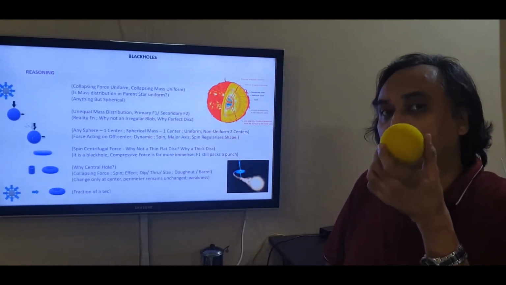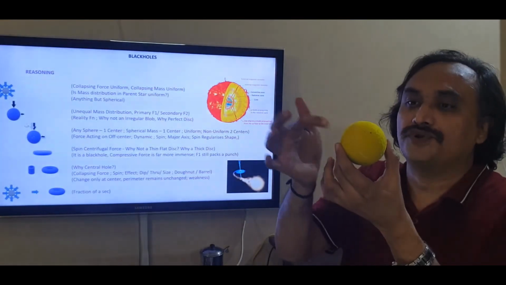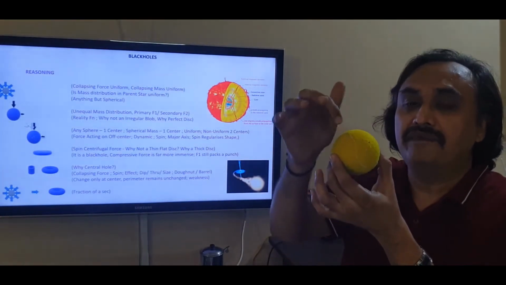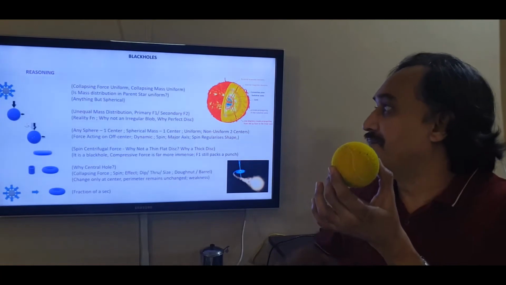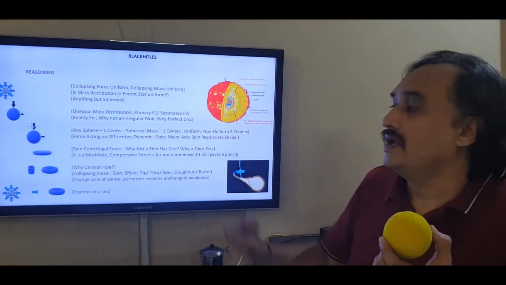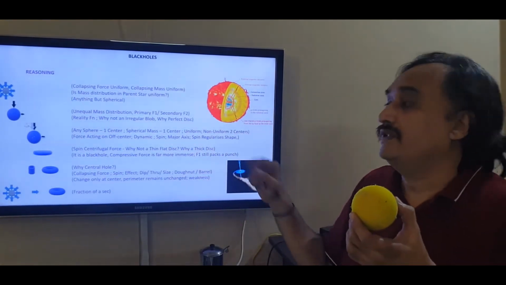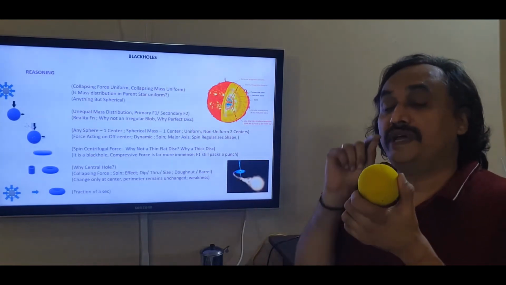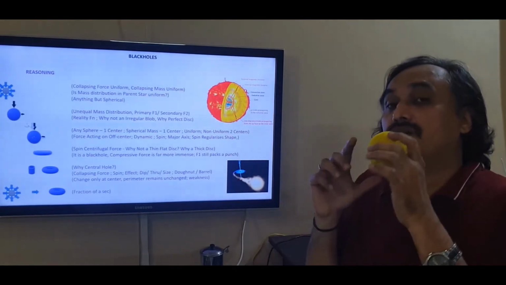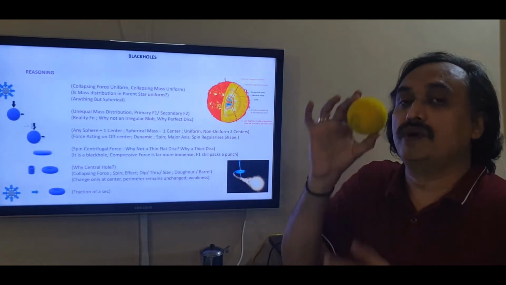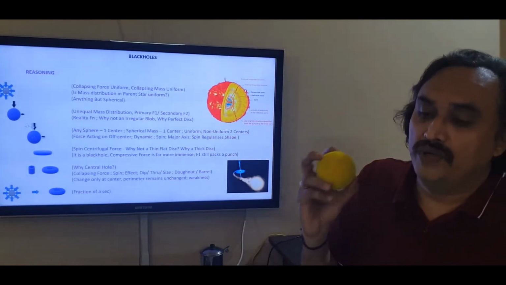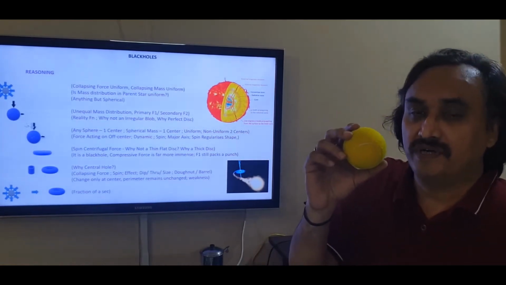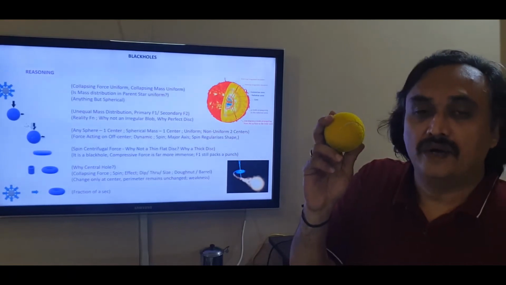That is possible only when the collapsing force which I am applying at every point has got to be the same. As is shown there, every arrow which is towards the center should be equal in magnitude. Only then would you end up with a squashed star, which again is a sphere.